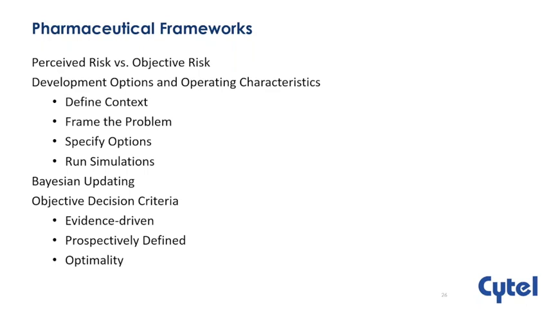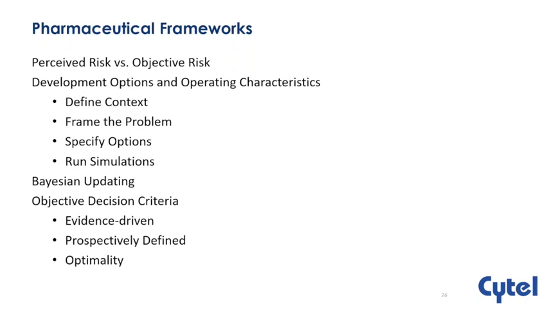That depends on the value that you predefined. Is it minimizing the time, minimizing the cost, maximizing probability of success? Is it maximizing your return on investment? These are all things that need to be pre-specified, and simulations can give you answers to all these questions. Bayesian updating is clearly instrumental to this because it provides you with these probabilities, and it can be updated from stage to stage of development.